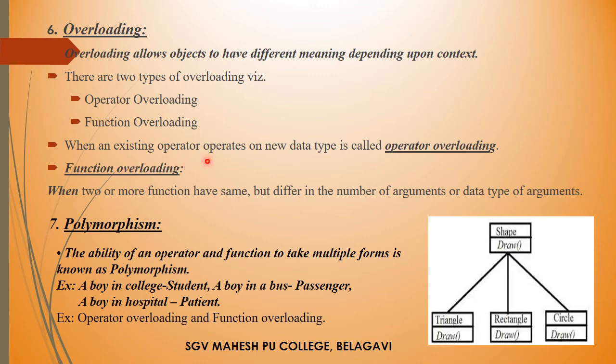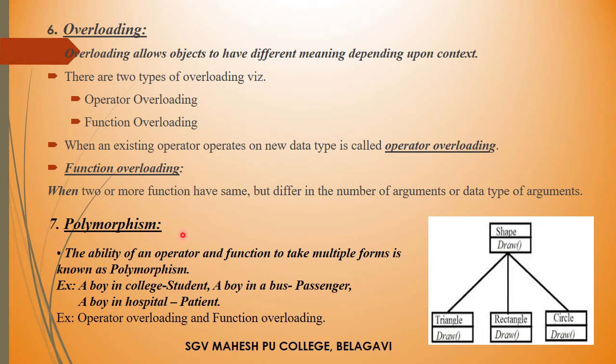When an existing operator operates on a new data type, it is called operator overloading. Then what is function overloading? When two or more functions have the same name but differ in number of arguments or data type of the parameters which we are passing, then such functions are called function overloading.